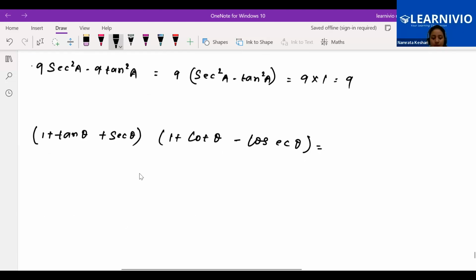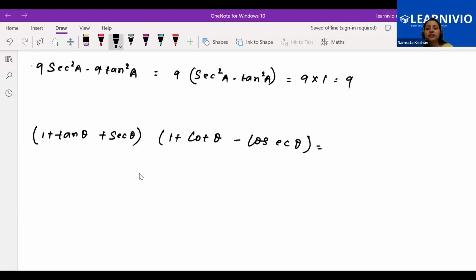Anyone who wants to try? These are short MCQ questions. What to do over here? For now, we are not getting what to do.